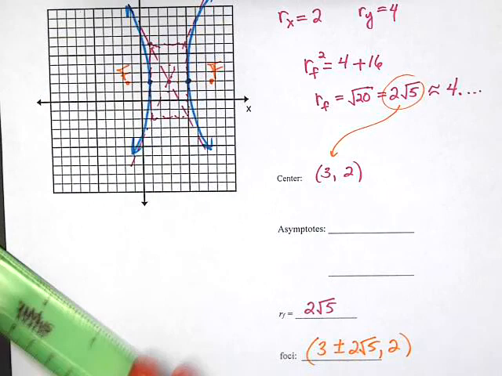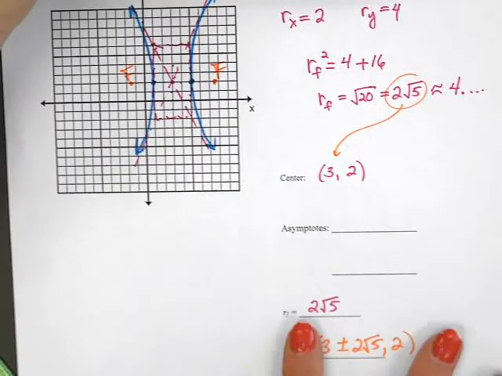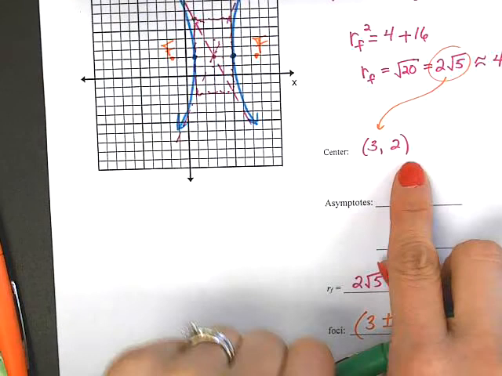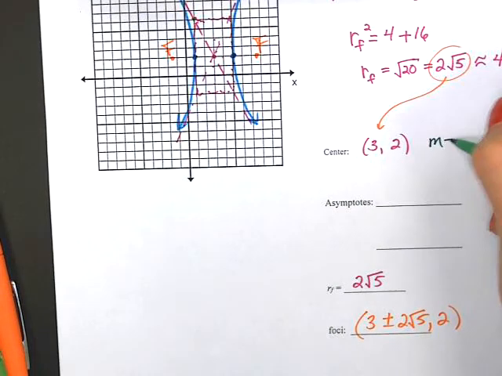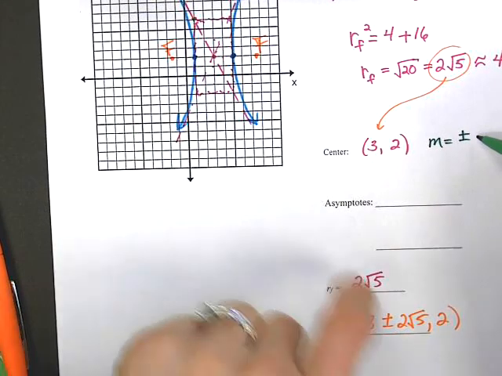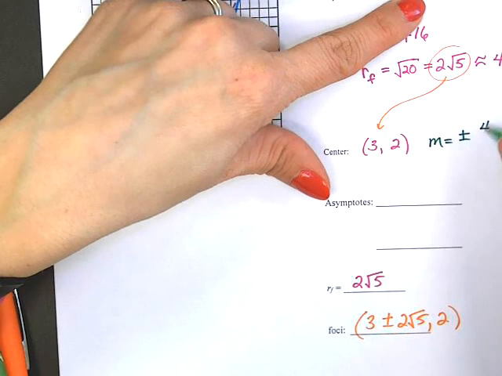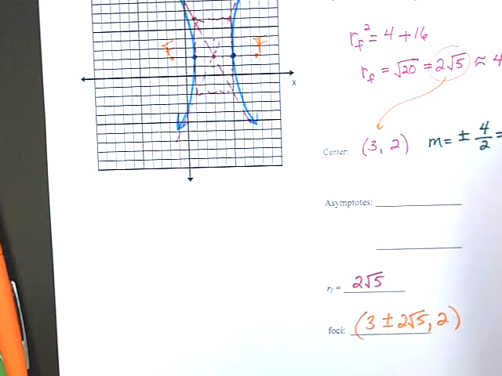The only thing I haven't done yet is find the equations of the asymptotes, and to do that I need a point, and I'm going to use the center. And I also need some slopes. The slopes are plus and minus r sub y, which is 4 over r sub x 2. Oh, that's just plus and minus 2.